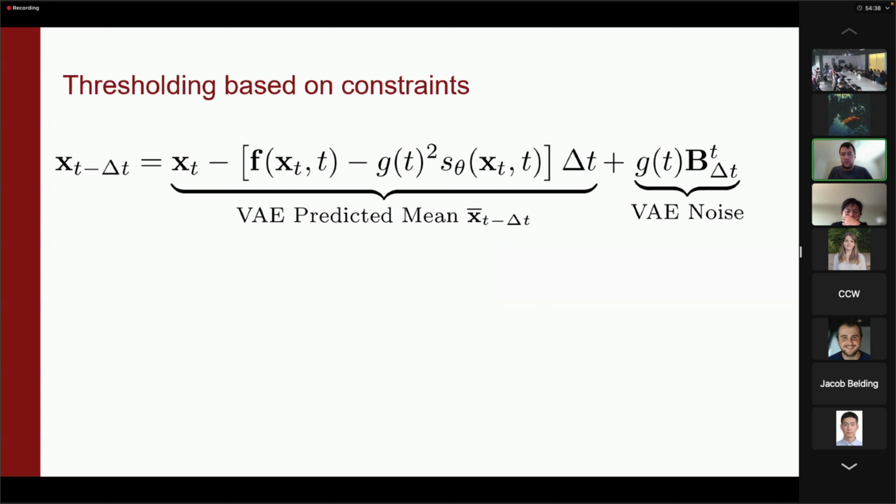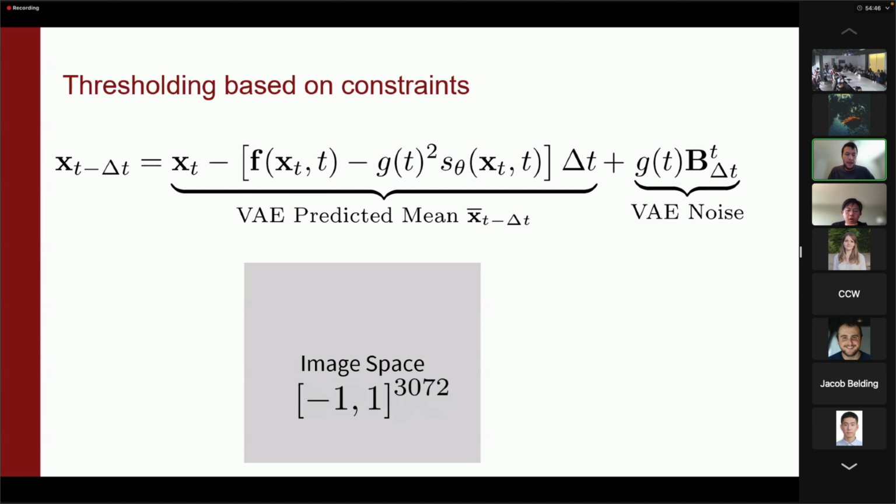So what they do is they start from this basic discretization of the SDE, and then whenever this update rule will get them out of the domain where they know the data lies in. If we're working on images, we know that the pixel intensities, after normalization, have to be between -1 and 1.